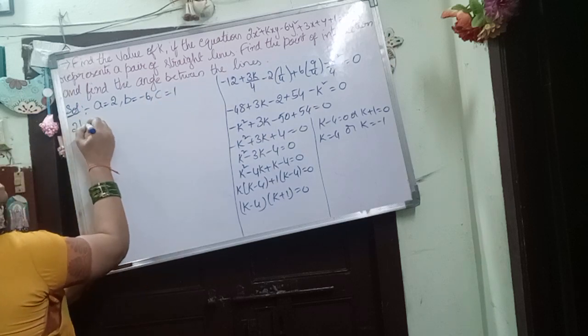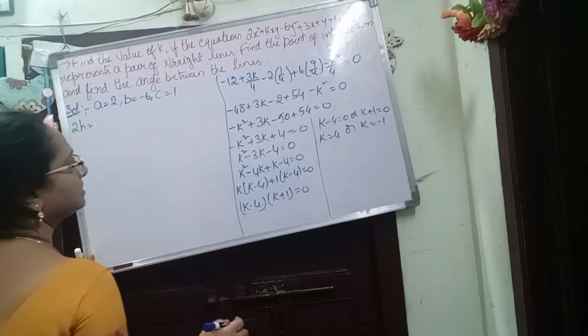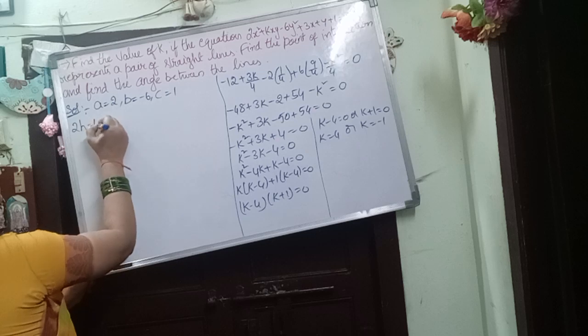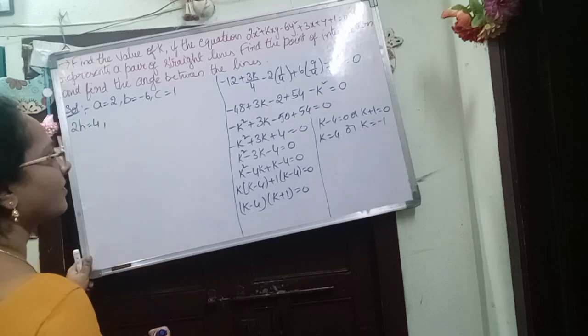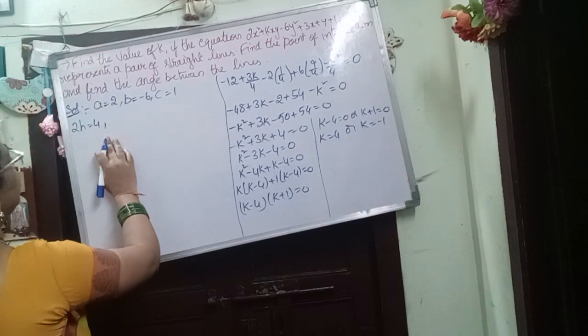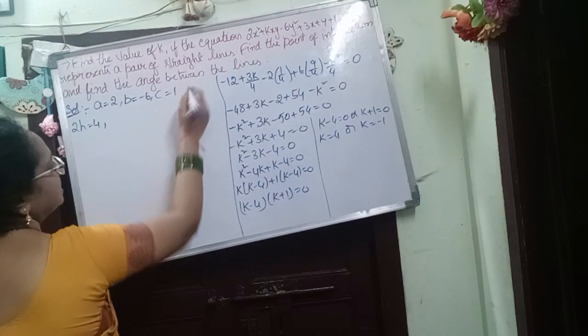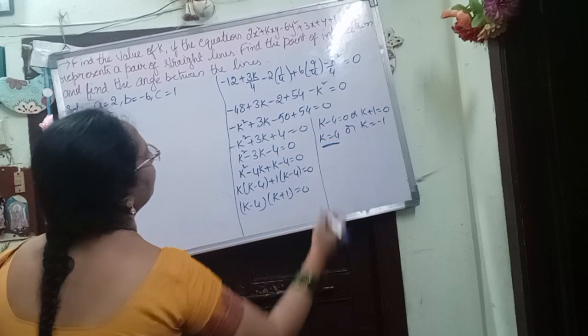Next, 2H equals 4. If K equals 4, this condition is for if K equals 4.